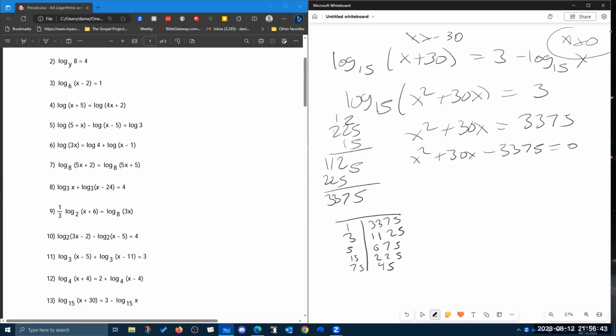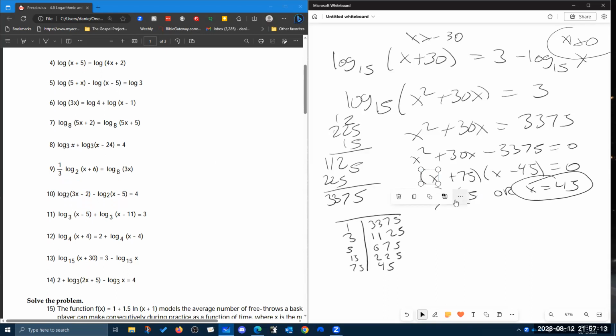There we go. That's what I want. They have a difference of 30. So x plus 75, x minus 45 equals 0. X equals negative 75 or x equals 45. I need an answer that's bigger than 0, not an answer less than 0. So x equals 45.